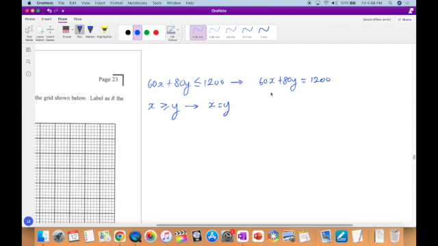So if we divide by not just 2, but divide by 20, this whole equation here is going to be divided by 20. So 60 divided by 20, we get 3x plus 4y is equal to 1200 divided by 20, which is 60.